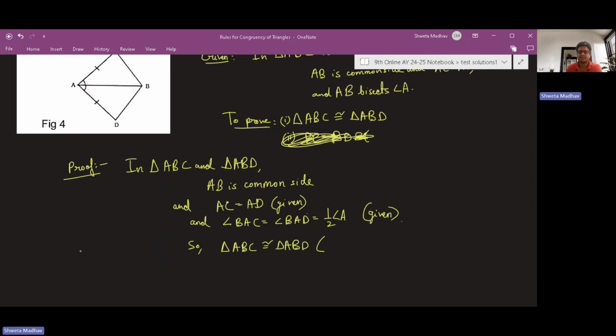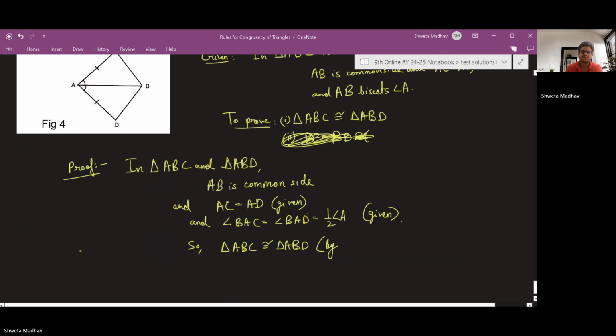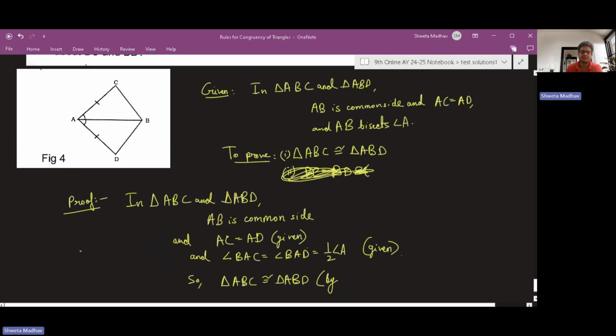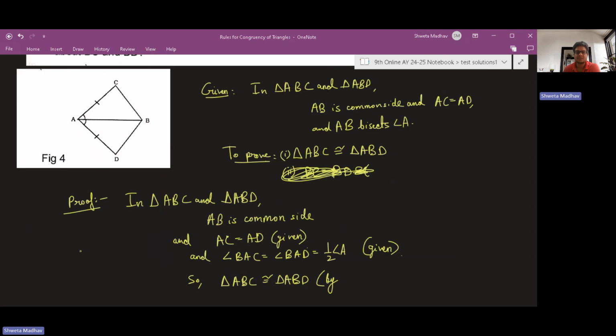How? By the SAS rule, since we have considered two sides and their included angle. The two sides and the included angle of triangle ABC are the same as the two sides and the included angle of triangle ABD.